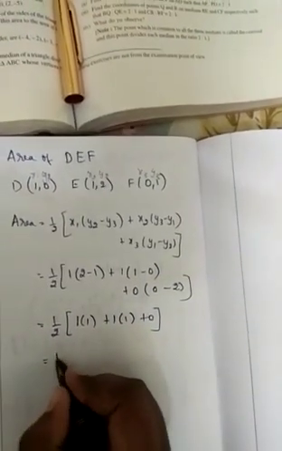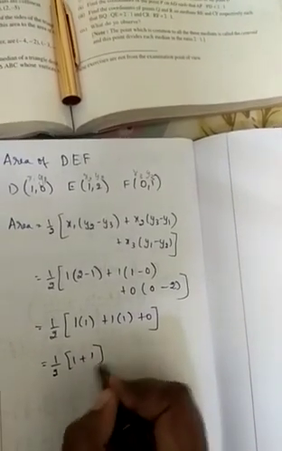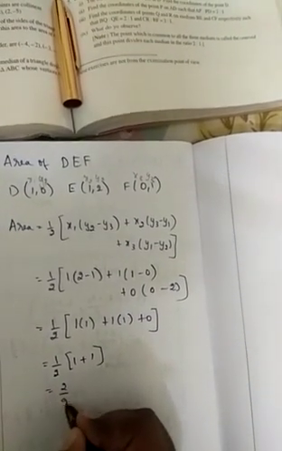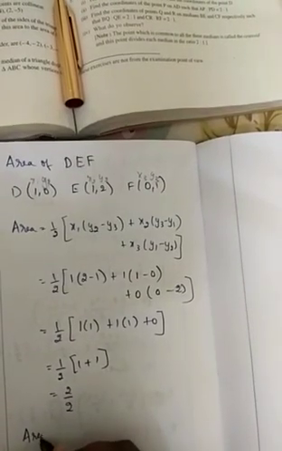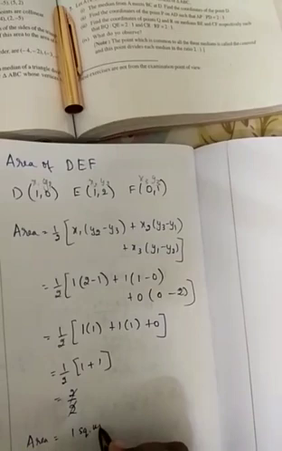So half into (1 plus 1), 2 divided by 2. The area is 1 square unit.